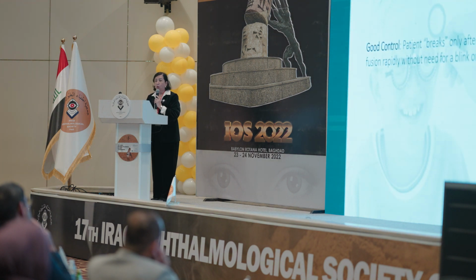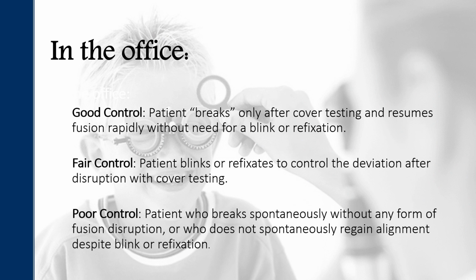In the office, what shall we do? First, we must know the control of the disease. We say it is good control when the patient breaks only after the cover test and resumes fusion rapidly without any need for blinking or refixation.